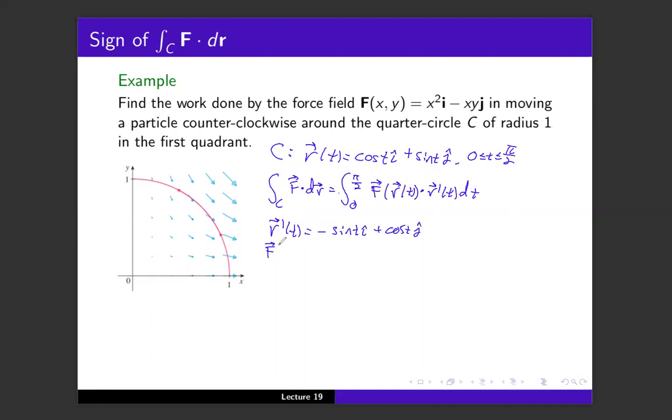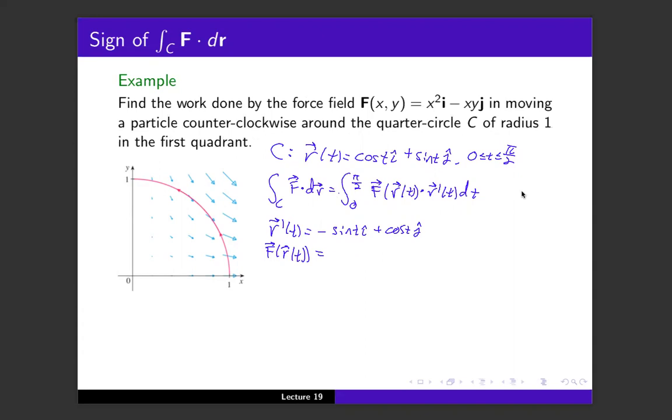And F of r of t is going to be, in this case, sine squared t i minus, or actually plus, I'm sorry, I'm doing this in the wrong way.